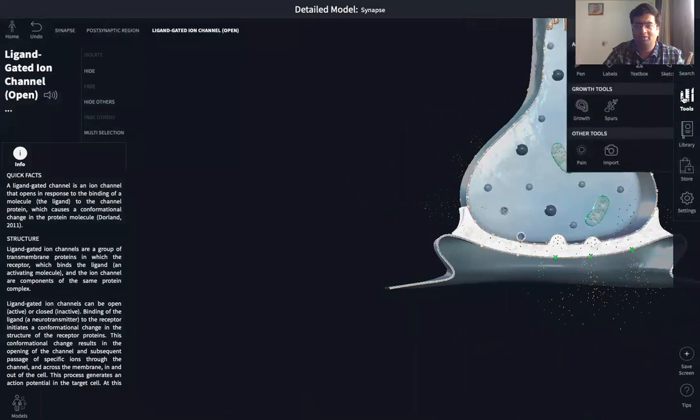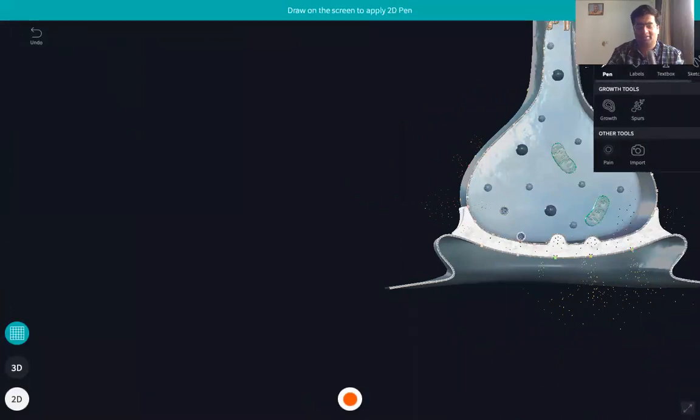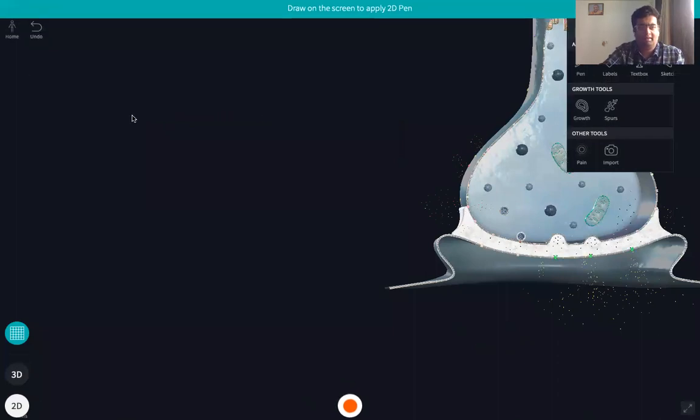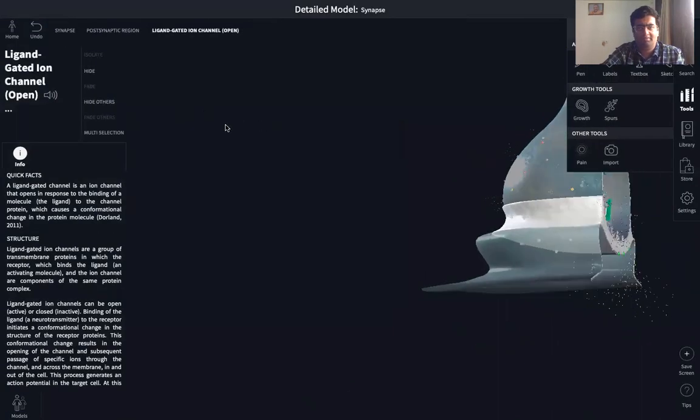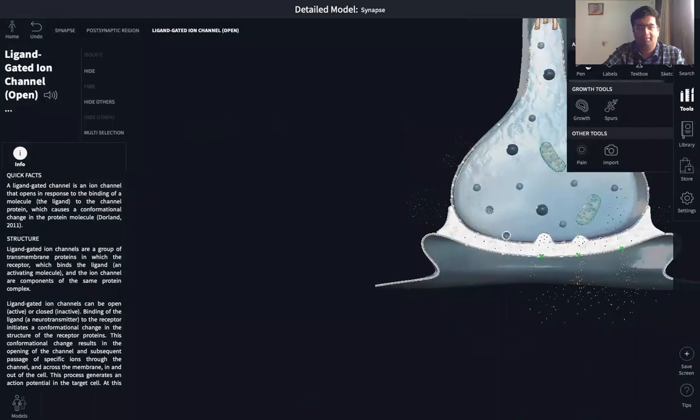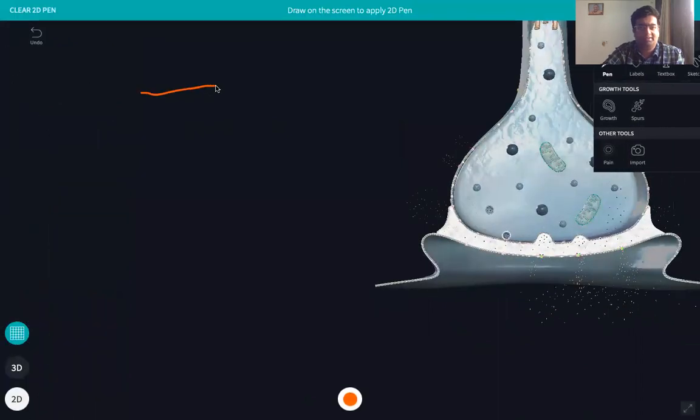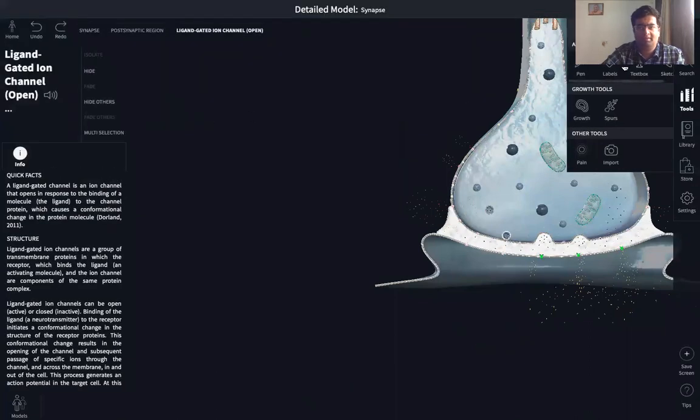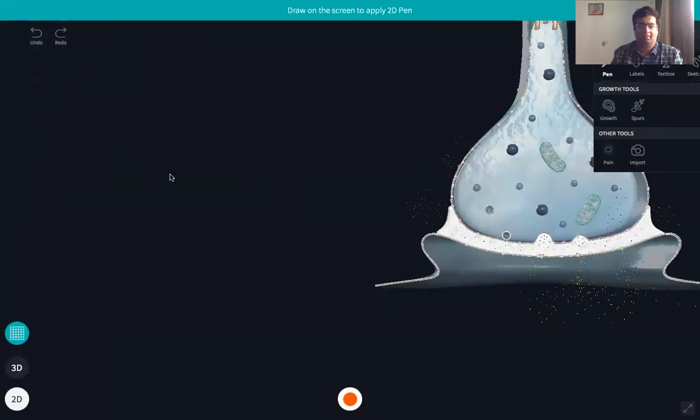In case anyone wants an explanation for that, I shall just give it here in brief. Let us consider this to be the axon membrane.